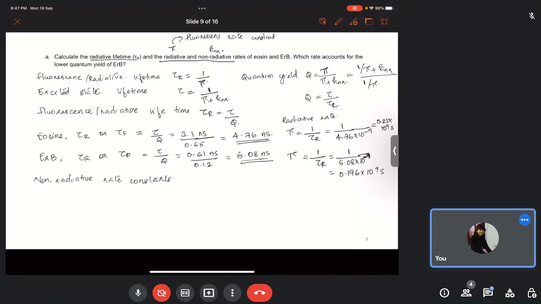So for that, first we have to find what is excited state lifetime. We already know what is excited state lifetime. So how do we do this?